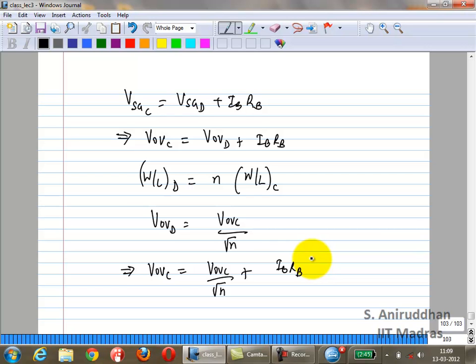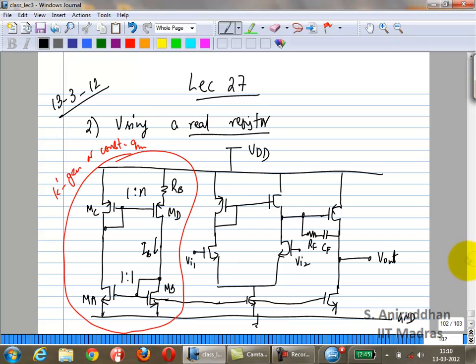You can rewrite the original equation. Now you can write your V overdrive in terms of multiple things. We will write it in terms of the GM. You will see why it's called a constant GM reference. This is 2IB over GMC, plus IBRB.